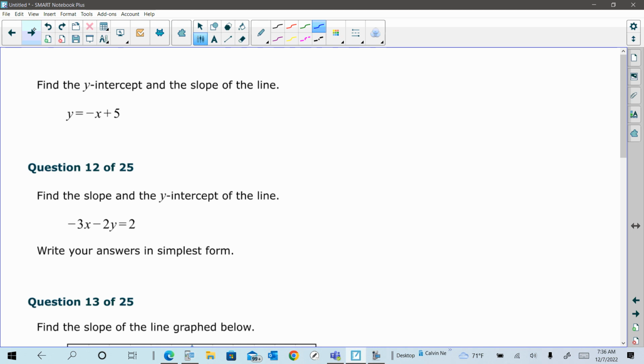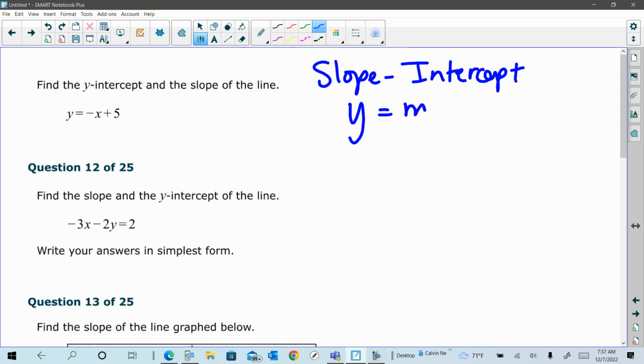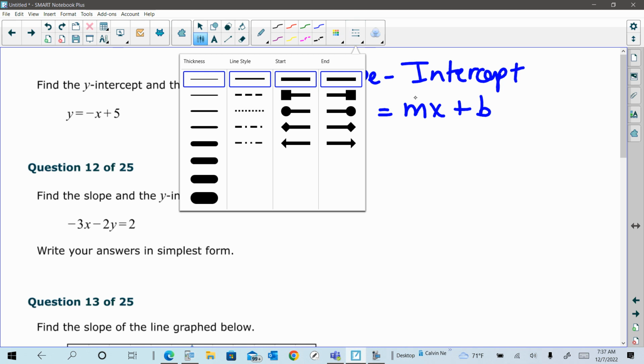Okay, here they want you to find the y-intercept and the slope. Well, if it's in slope-intercept form, there's really no work to this. If they give you it in this form, y equals mx plus b, your slope is the m.